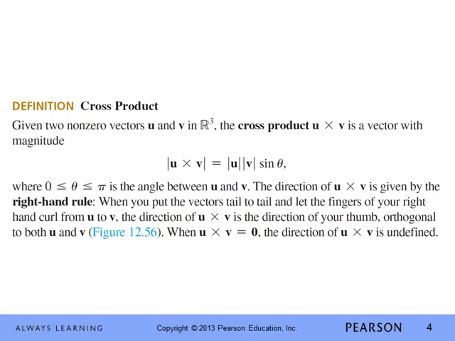All right, anyway, so here's how we can define the cross product of two vectors. I'll show you how to actually compute the cross product in a minute, but at least the magnitude of the cross product can be written as the magnitude of u times the magnitude of v times the sine of the angle between those two vectors.